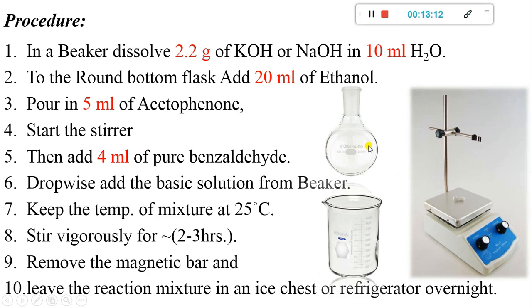Continue stirring while adding the base solution drop-wise from the beaker to the round bottom flask, and keep the reaction temperature below 25 Celsius. The stirring time is about 2 to 3 hours. Then remove the magnetic bar from the flask and leave the mixture in the refrigerator overnight.